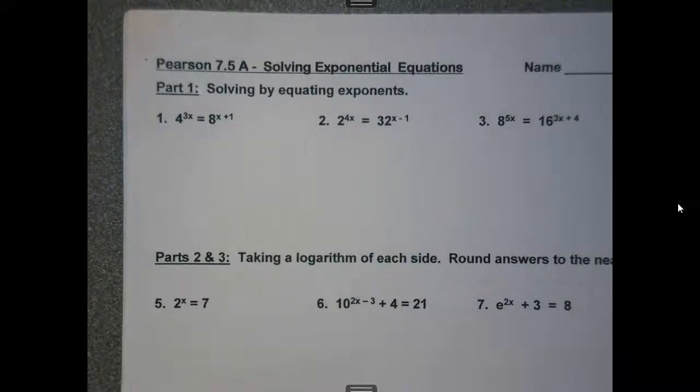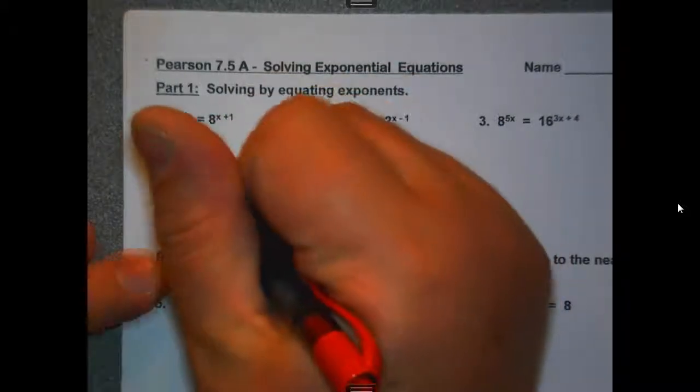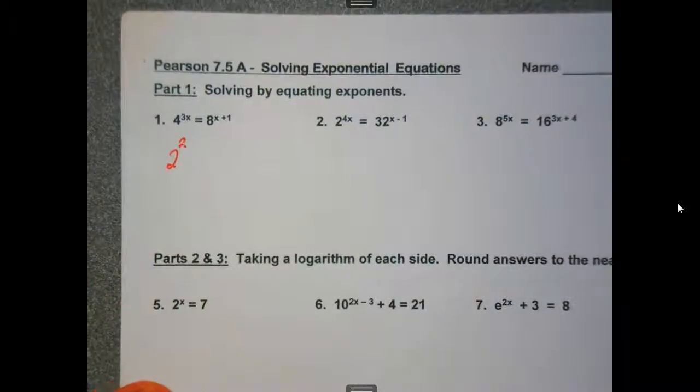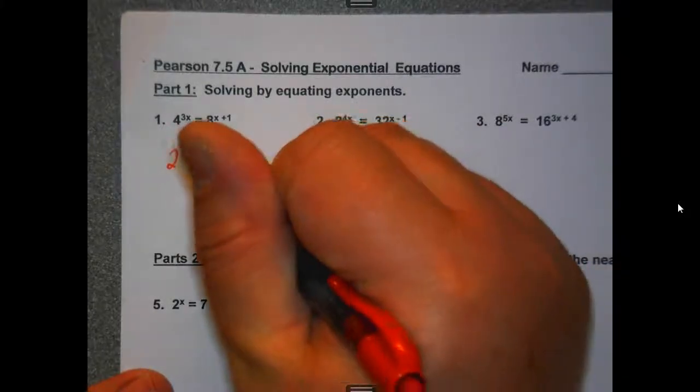Like what? Not 4. 2 raised to the second. What about 8? How can I write 8 as a base 2? 2 raised to the third.